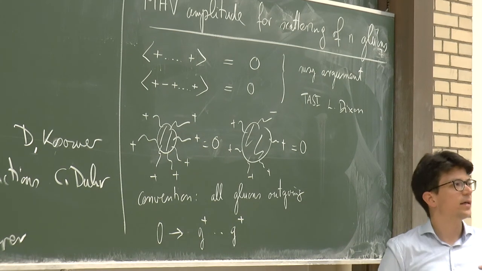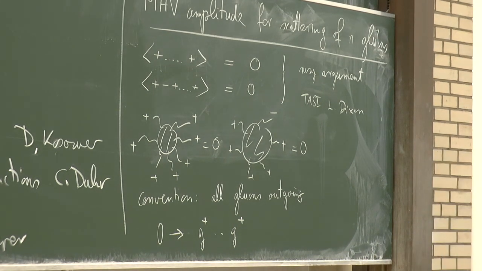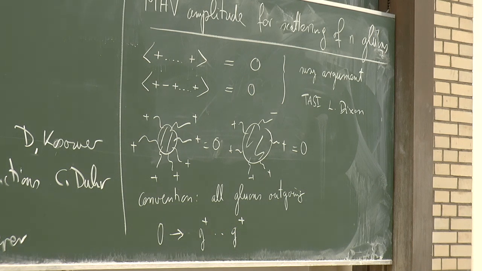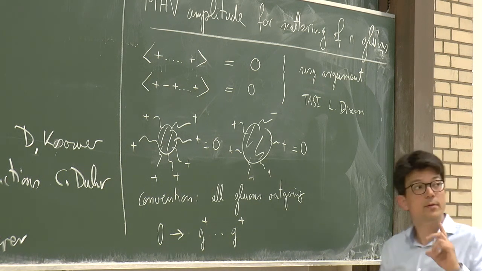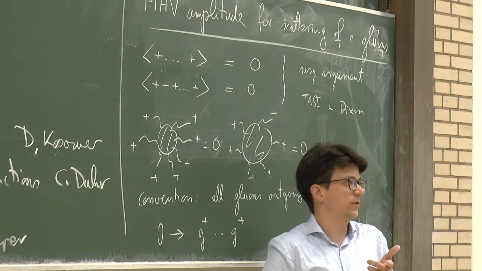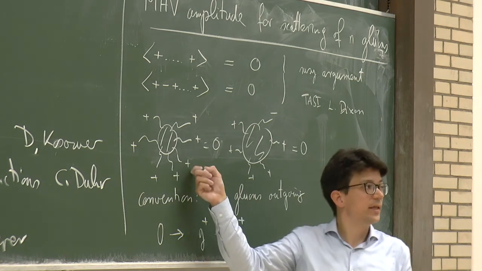Now, equivalently, and this is of course from the point of view of a scattering process more natural, is to say, I have a certain number of gluons that are ingoing and a certain number that are outgoing. But in this way, when we flip the direction of the momentum, we also flip the helicity.